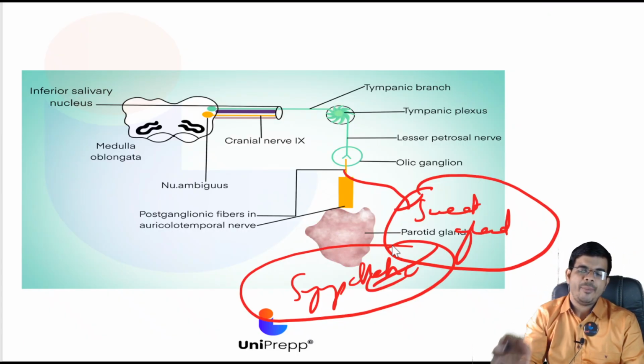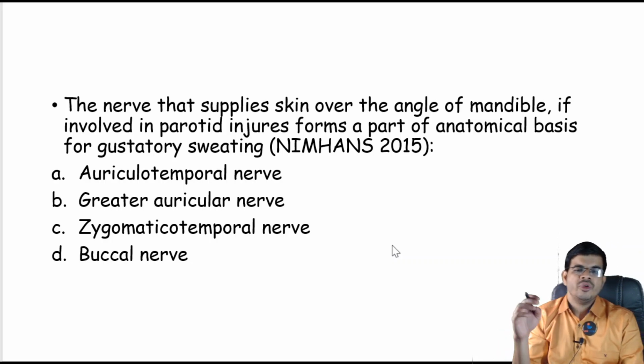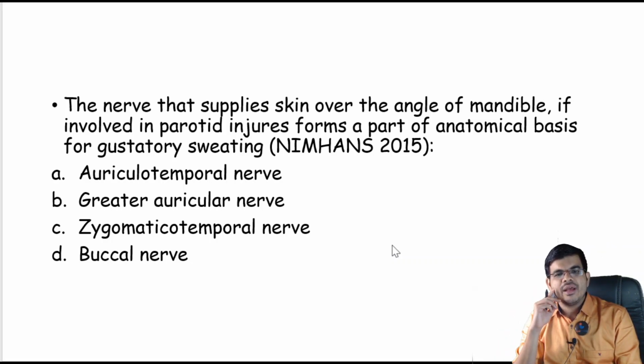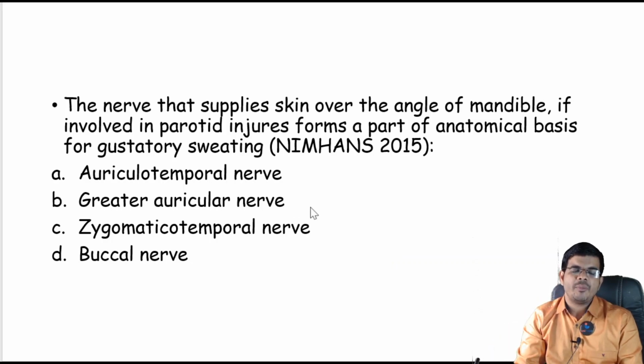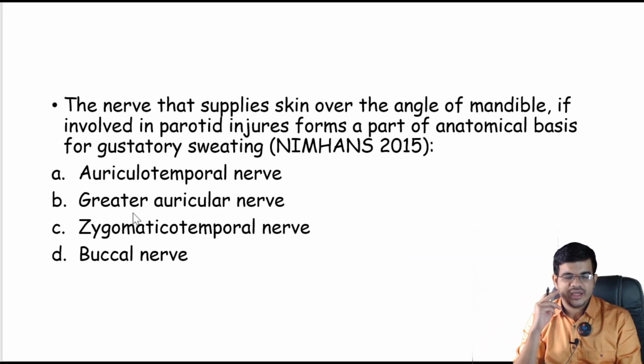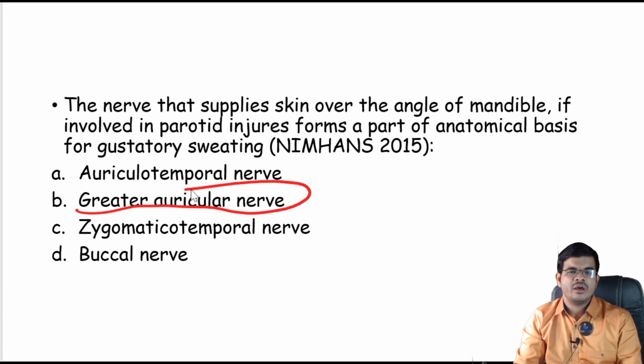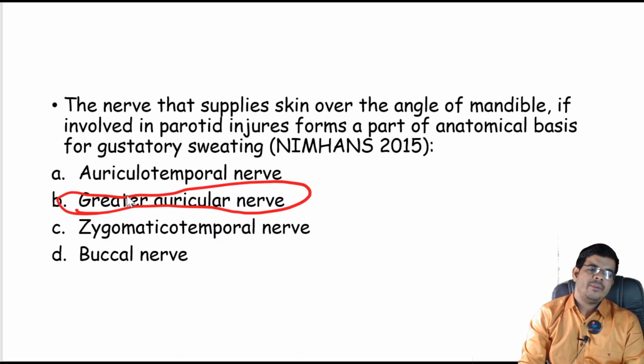The sweating happens due to the greater auricular nerve in the area of the angle of mandible, because it supplies the angle of mandible, whereas the auriculotemporal nerve is for the area above that. So the answer to this question is the greater auricular nerve.